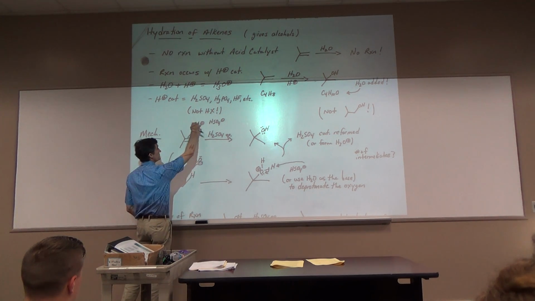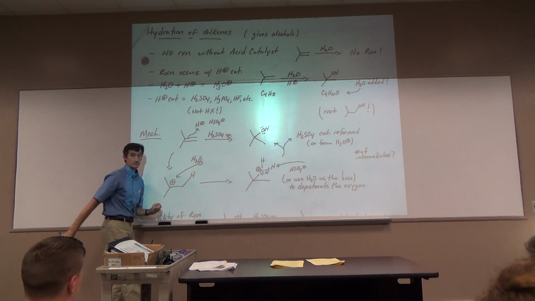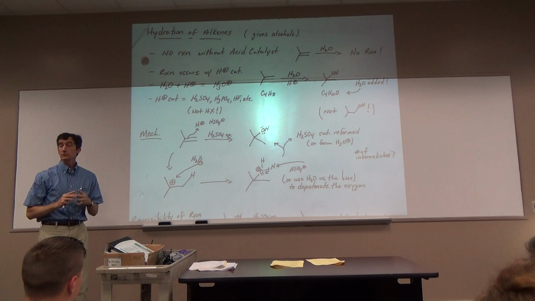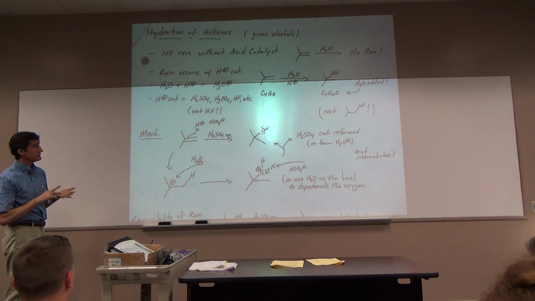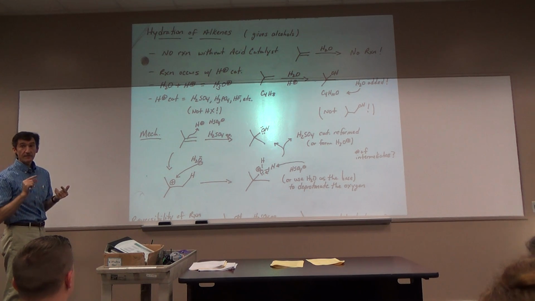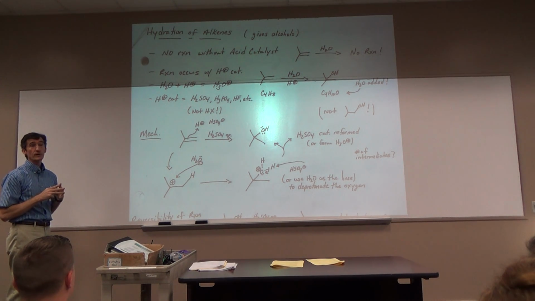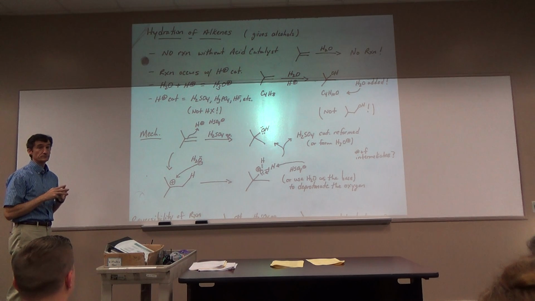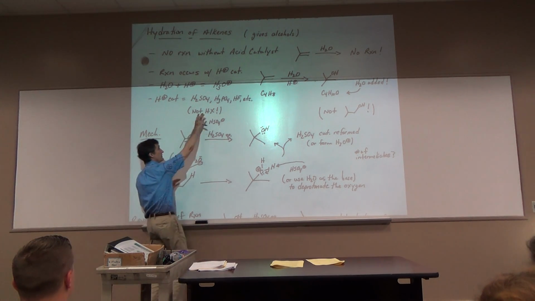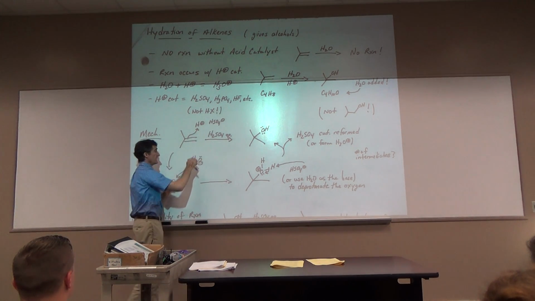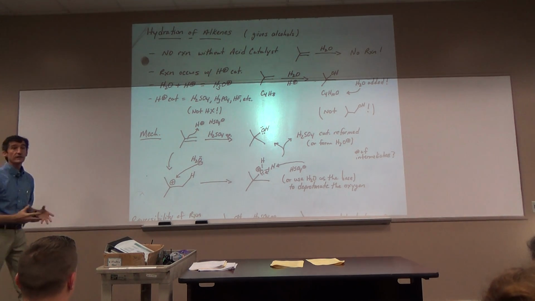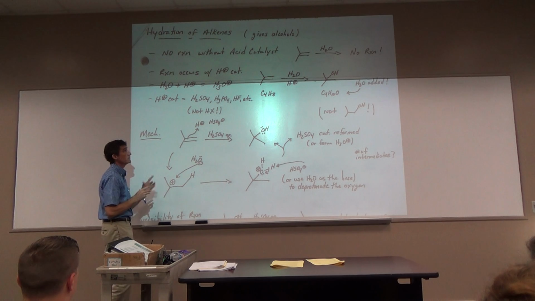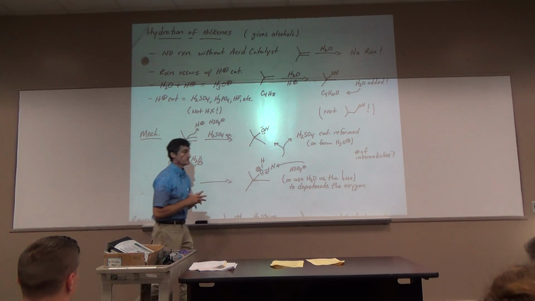These acids are used because the anion will never react with anything. Bisulfate, biphosphate, F minus. F minus will actually rarely act as a nucleophile. So the anions of these acids won't react, and the only thing that can react is water. That's the only nucleophile. And so you get the outcome you want. So choice of acid is important.